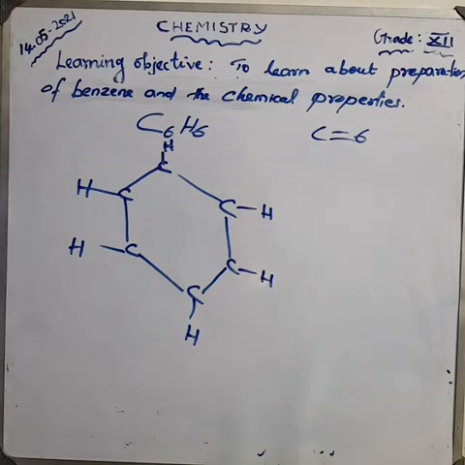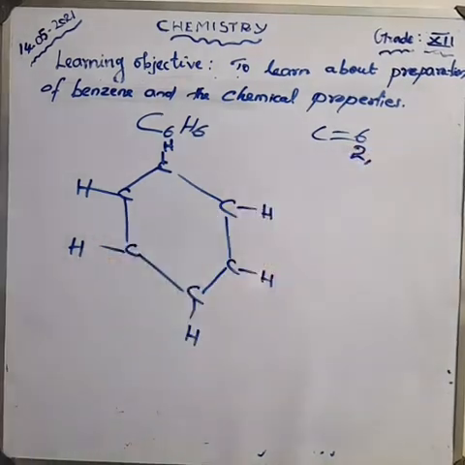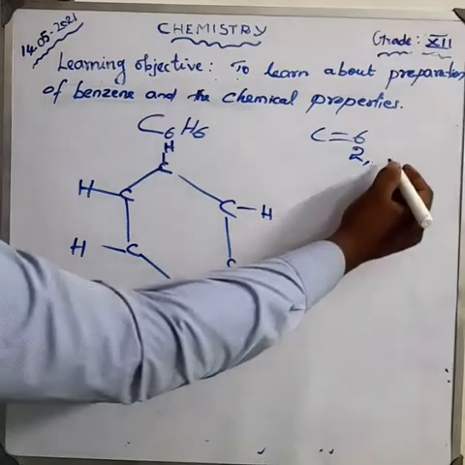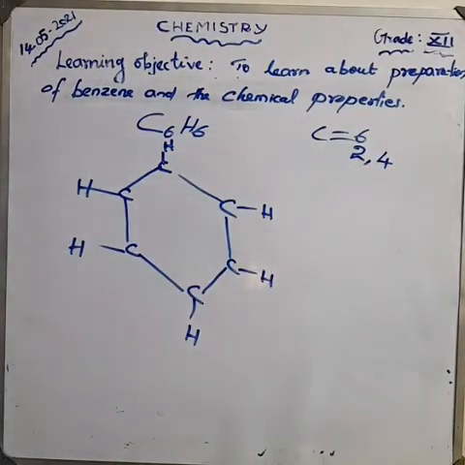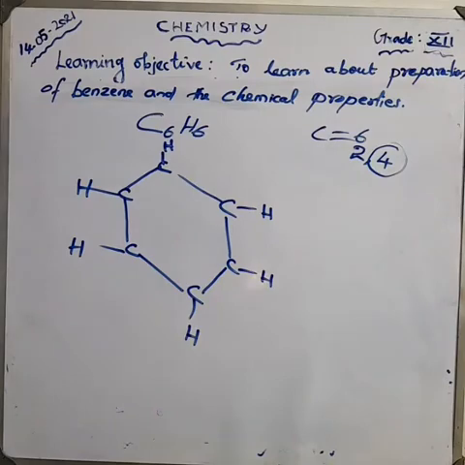The first shell can accommodate 2 electrons, the K shell. The remaining electrons go in the second shell, that is 4 electrons. So we know the valency of carbon: the tetravalency, the valency of carbon is 4.